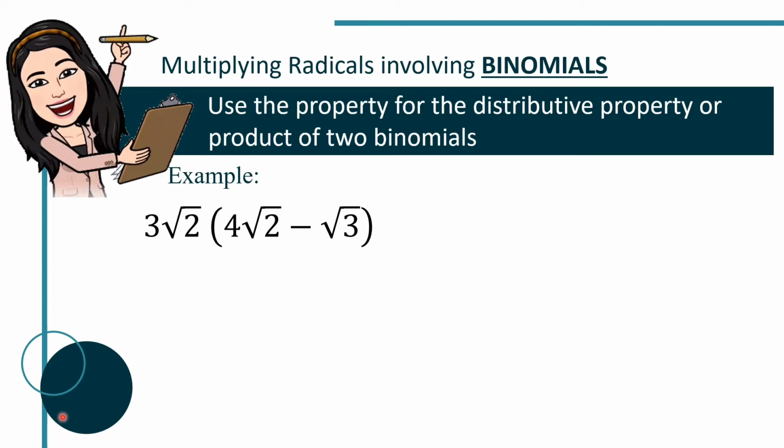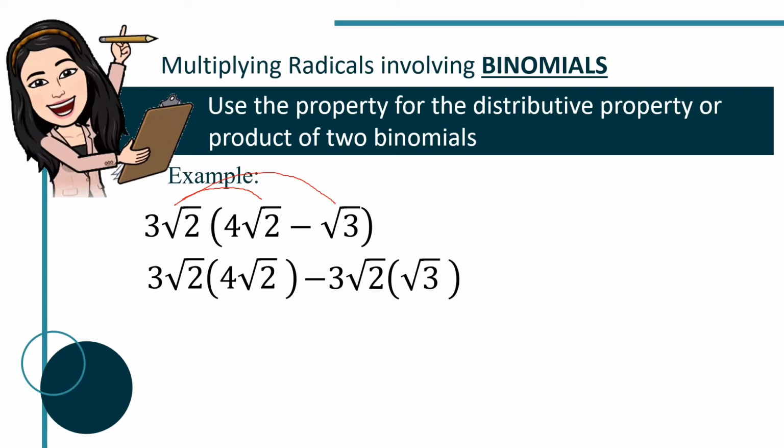So, try nga natin. 3 square root of 2 multiplied by 4 square root of 2. What is the answer? Hindi pa, pinakita ko muna sa inyo na kinuha natin yung product. After that, yung 3 square root of 2, imumultiply din dito. That is 3 square root of 2 multiplied by square root of 3. Nakuha? Okay, saka natin i-simplify.